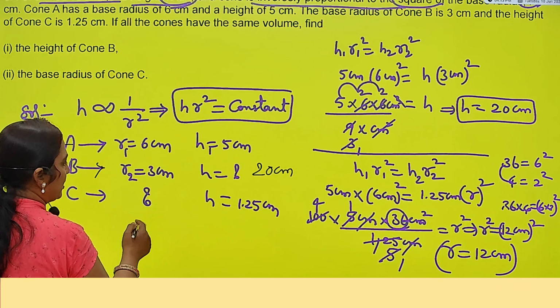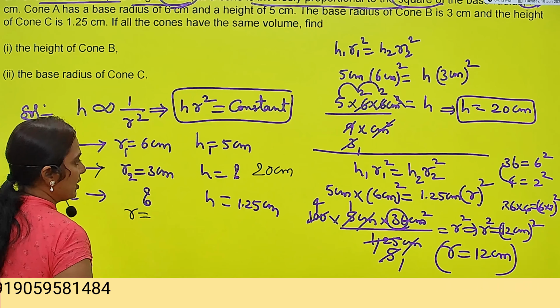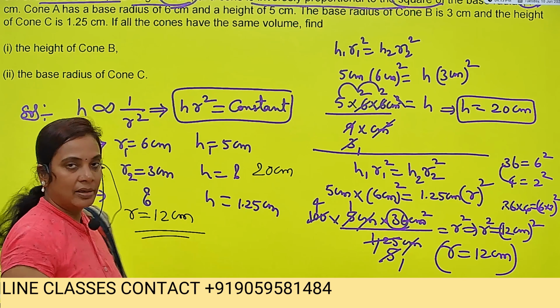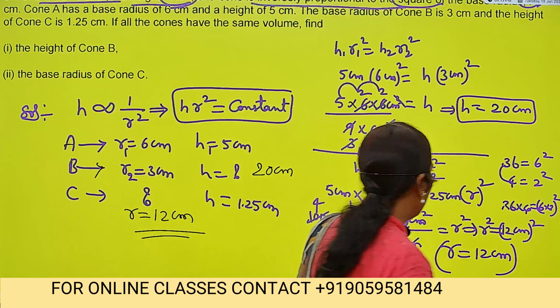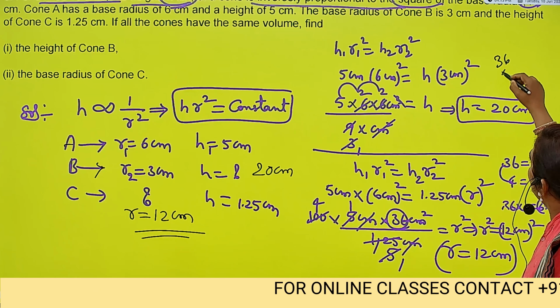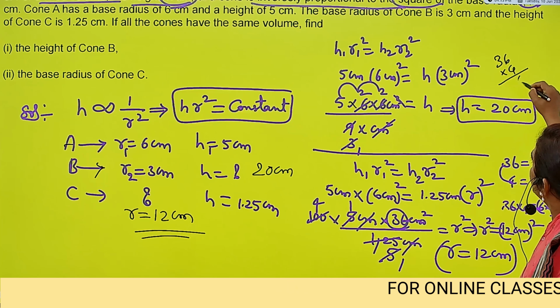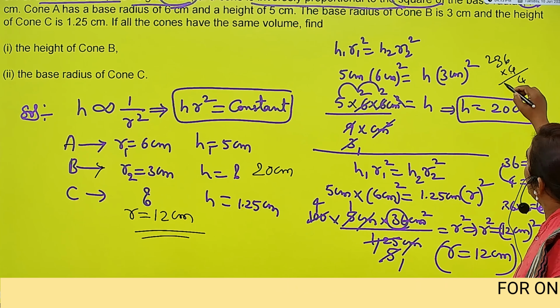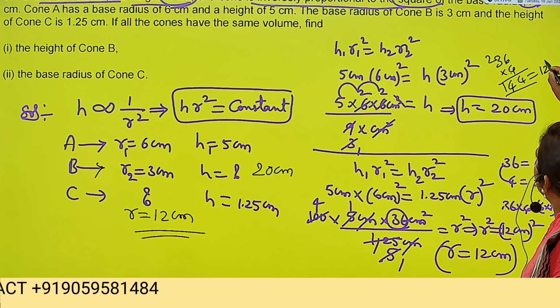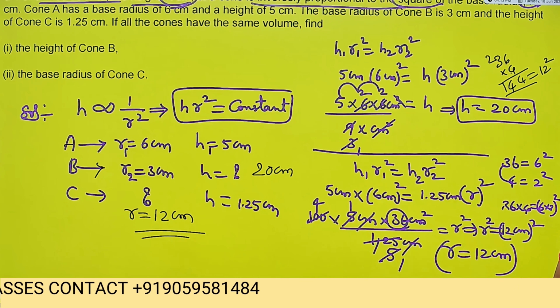So what is the radius of cone C? 12 centimeters. Okay, this is the way. How to solve? Here square roots, or you multiply 36 into 4, which is 144, which means it is 12 square. You can do it like that also.